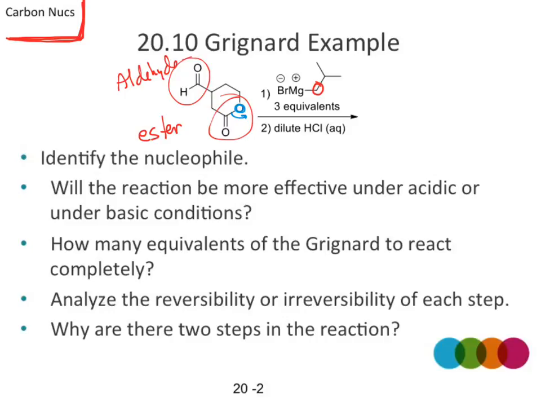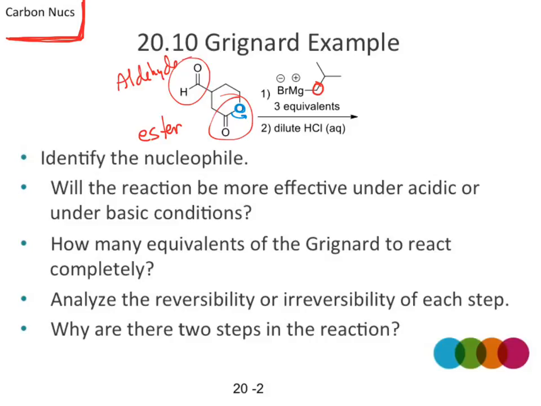So far as reversibility goes, that's a little bit of a harder question to ask until we actually look at the reaction. So remember, if I've got the reaction up here or not. Looks like I do. Why would there be two steps? Why do we do this with the Grignard reagent first and then add the dilute acid? What's the other option?